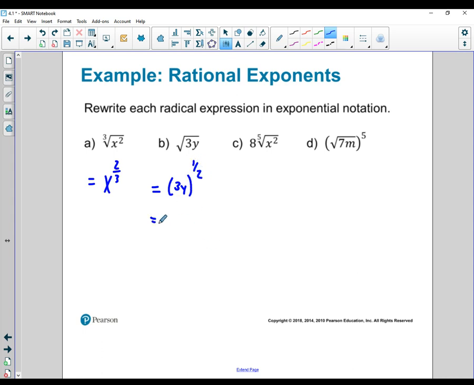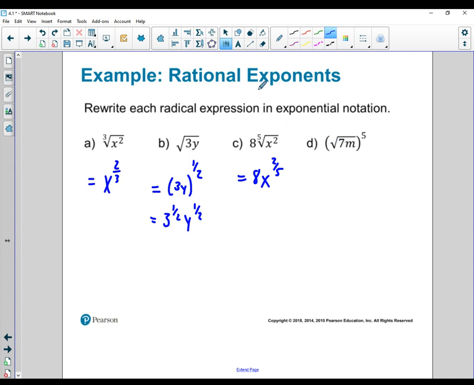And if you want to, you could write 3 to the 1/2, y to the 1/2, both the same thing. Here, this 8 is all by itself. The 8 has nothing to do with anything under the radical, so the 8 just stays an 8, and we can write that x as x to the 2/5.